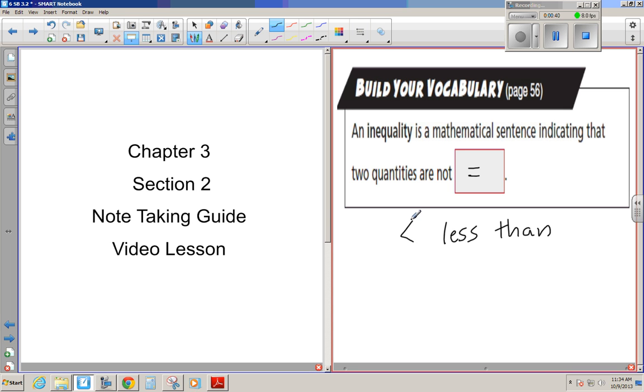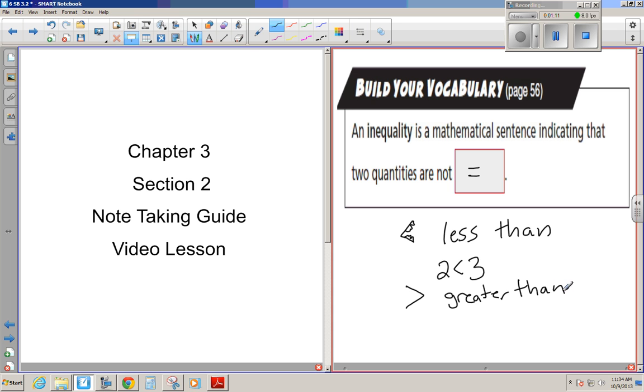A lot of people draw little alligator teeth because the alligator eats the bigger number. You know, if you had to choose between a big steak and a little steak, you'd probably go for the big one. So that means that when you're looking at a less than, you would say 2 is less than 3. All right, you also have a greater than, like this.